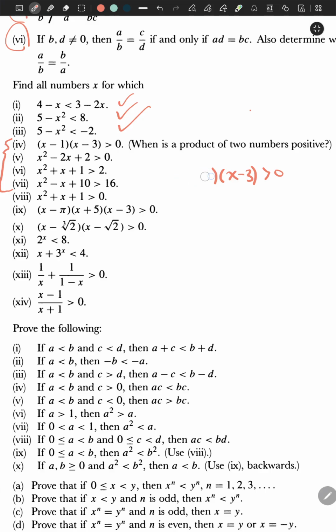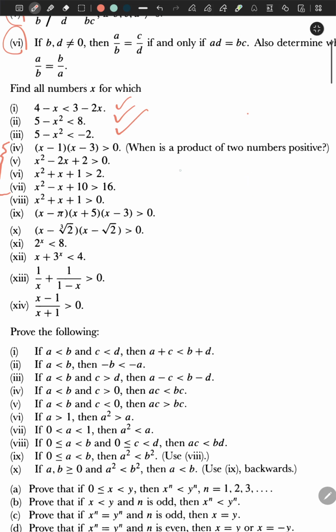Okay, then we know that a times b is positive if a and b are positive, but also (−a) times (−b) is positive, right? If a and b are positive.